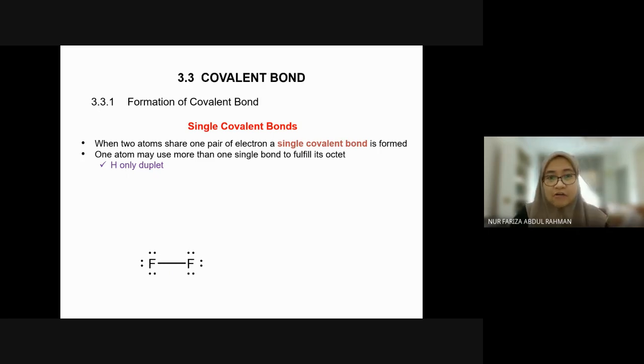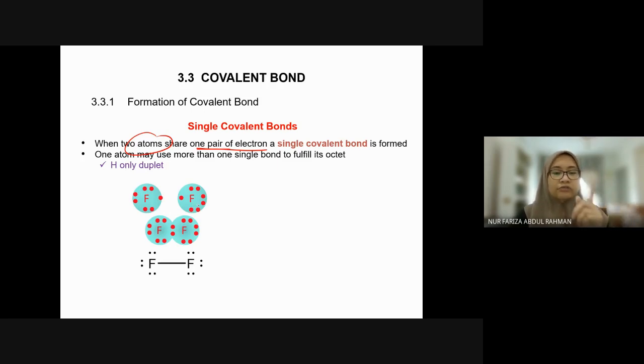So single covalent bond means the 2 atoms share 1 pair of electrons only. Okay, so that is called single covalent bond. For example, we have fluorine here. So a fluorine atom requires 1 electron in order to achieve octet.